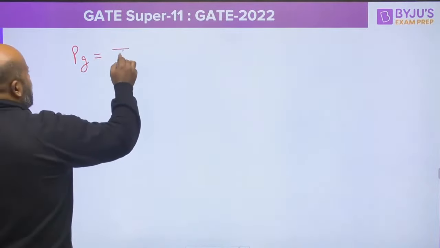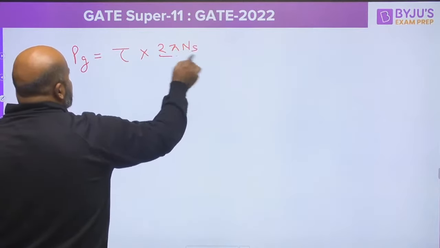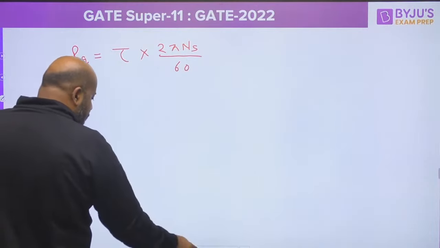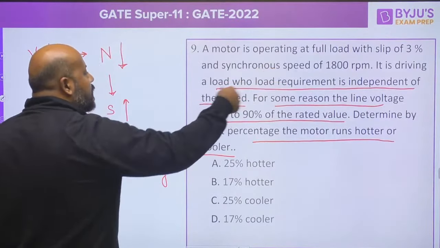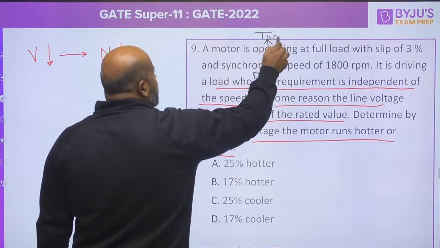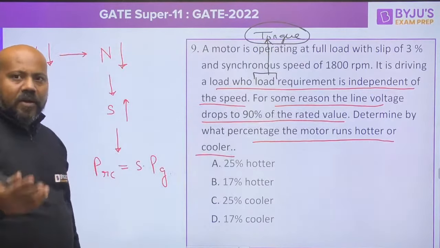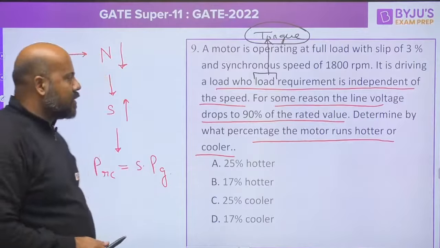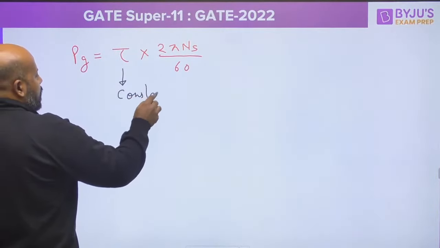Air gap power you are writing as the torque developed multiplied by speed, that is 2 pi Ns upon 60. Now when it says the load requirement is independent of the speed, what is the load? The load is torque. It means torque is constant. When torque does not depend upon the speed, it means the torque is constant.